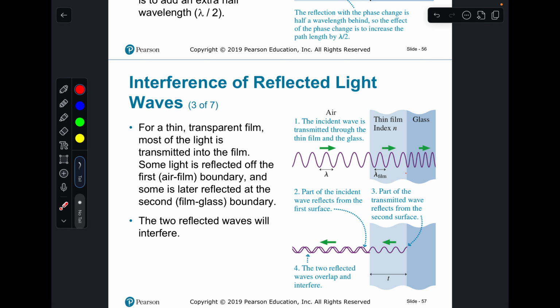So you can see that the two waves that are interfering with each other are a result of the reflection from the top and the reflection from the bottom of the film. Those are the two waves that are overlapping and interfering. And so that means that the path length difference is going to be related to the thickness T of the film.